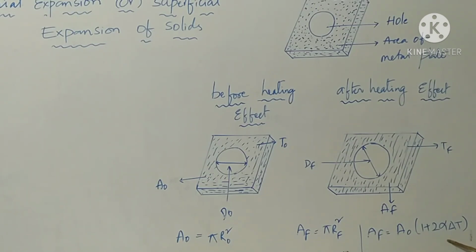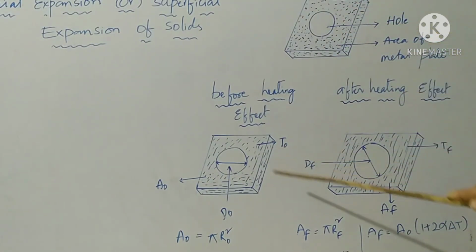Delta T means change in temperature, T2 minus T1. So the final area is A naught, the initial area, into 1 plus 2 into the linear expansion coefficient alpha into the change in temperature delta T.